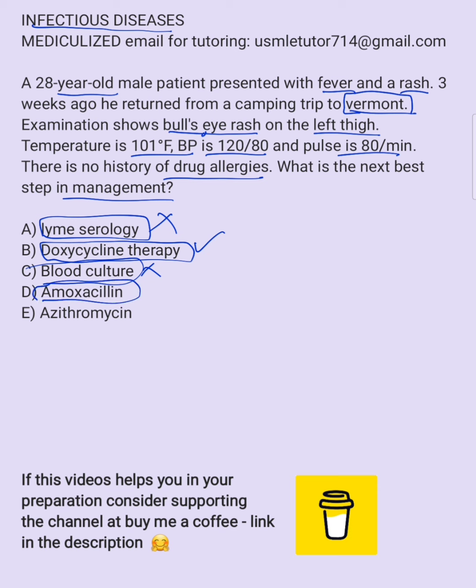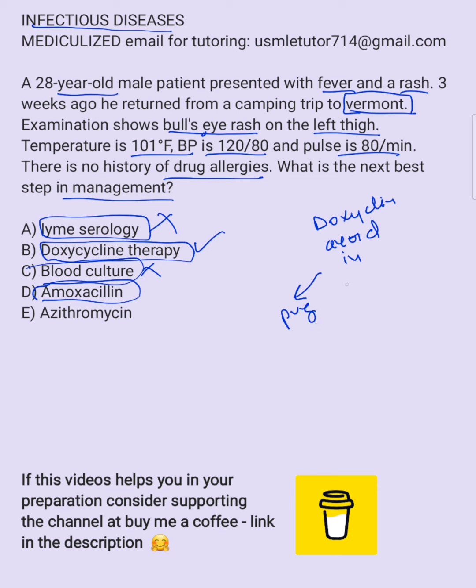Amoxicillin, remember, is also used for Lyme disease, but one of the things to know is that amoxicillin is used if doxycycline cannot be used. So what are the conditions where doxycycline cannot be used? Doxycycline, avoid in pregnancy.